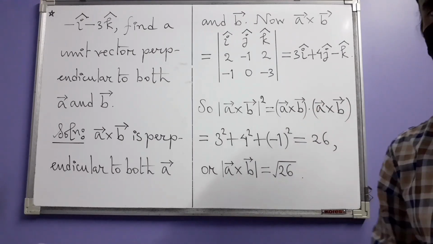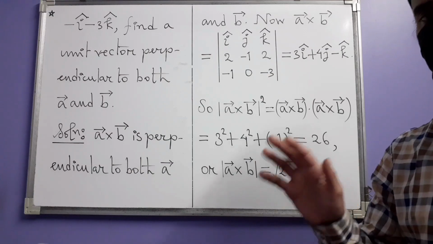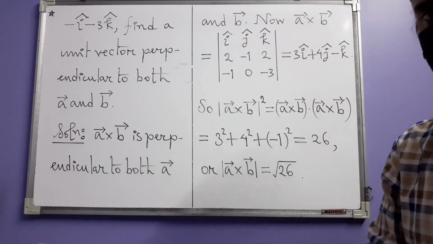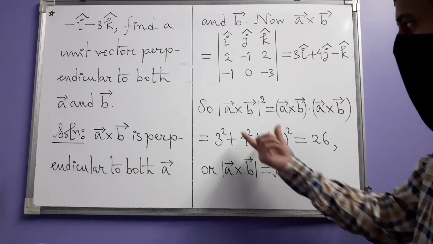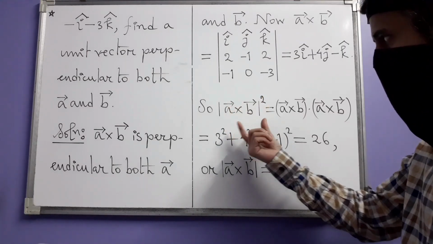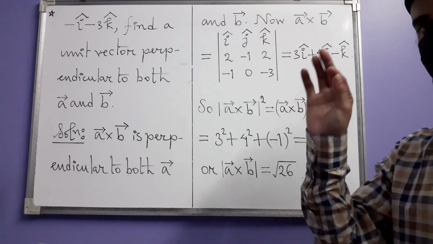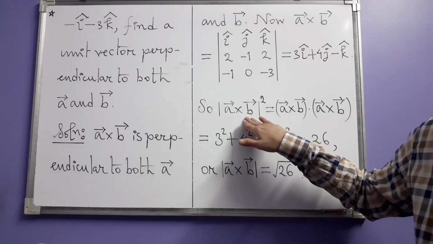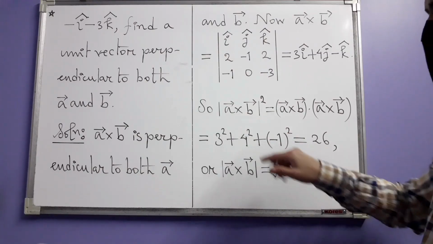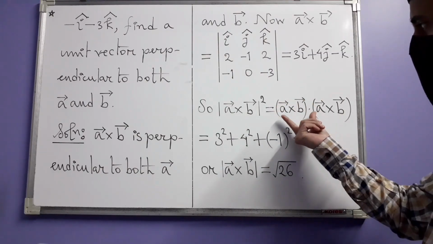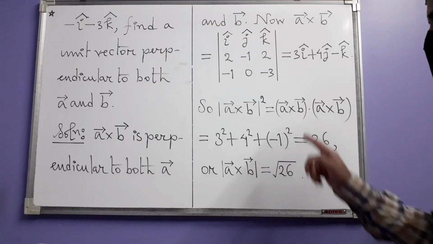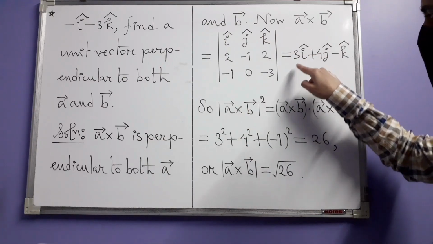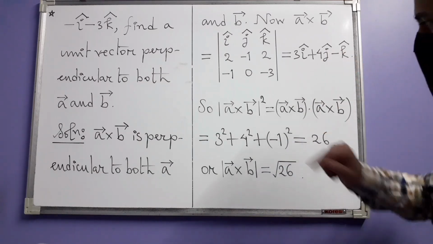What exactly did we do here? We applied the first property of scalar product, you can go back and see it. Do you remember? The square of the magnitude of a vector is the scalar product of that vector with itself. Our vector now is a times b, the vector product. So the square of its magnitude is this times itself, which you know how to calculate from our previous videos: 3 squared plus 4 squared plus minus 1 squared.